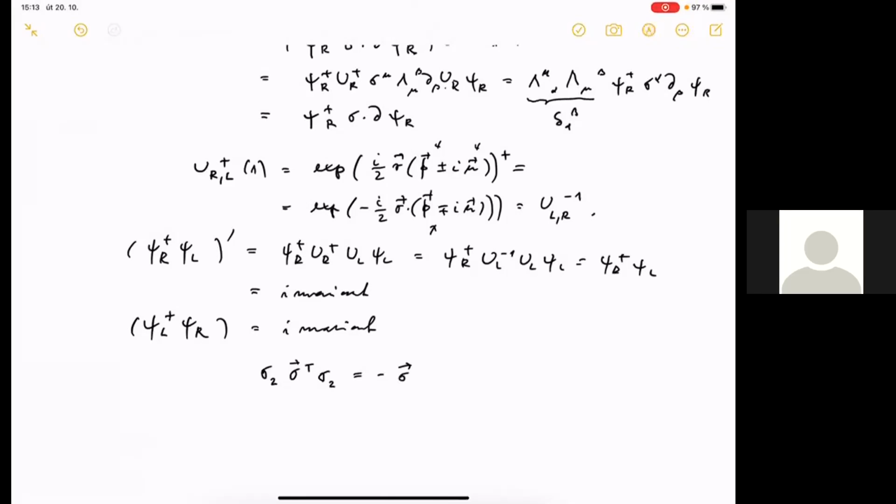This can be proved by direct calculation. Simply this sigma 2 anticommutes with sigma 1 and sigma 3, and sigma 1 and sigma 3 are symmetric matrices. So the anticommutation of these matrices gives just a minus sign here, and sigma 2 times sigma 2 is just 1.